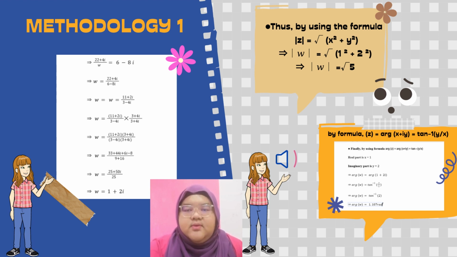So we substitute the values, and we get modulus w equal to the square root of 5. Finally, to find the argument of w, we must use the formula argument of x plus iy equal to tangent inverse of y over x.